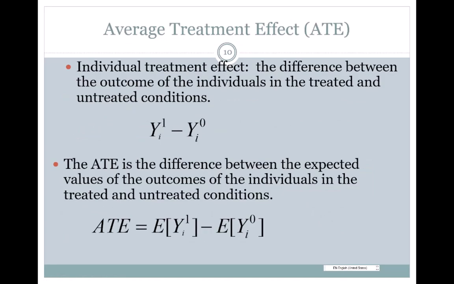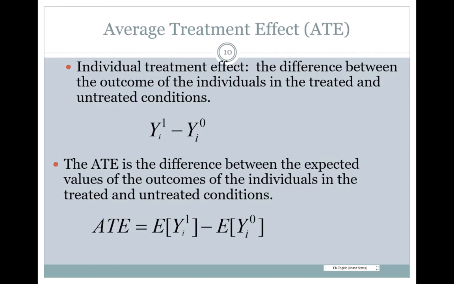Now, based on Rubin's causal model, you can define an individual treatment effect, which for each individual is the difference between the outcome in the presence and the outcome in the absence of treatment. Now, this cannot be estimated directly because for every participant, one of these two potential outcomes will be missing.